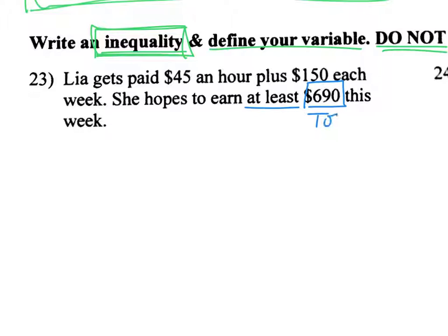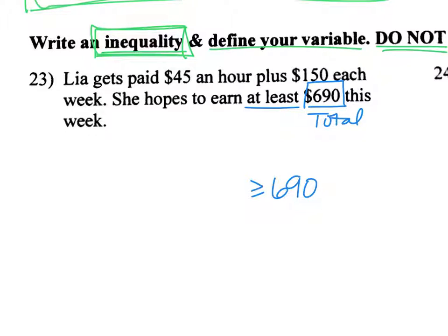Okay, so they give me a total here. So that means I'm going to equal $690. At least, and I actually lied to you, at least, you have to remember that means that's the less amount. So we want it to be more than that. So that's going to be greater than or equal to. Here, it is very important that your total goes at the end of your inequality and not at the beginning.